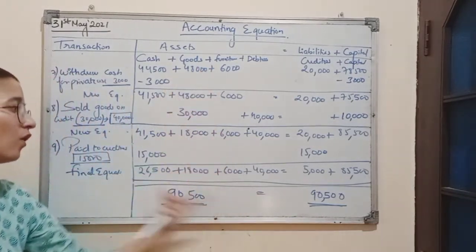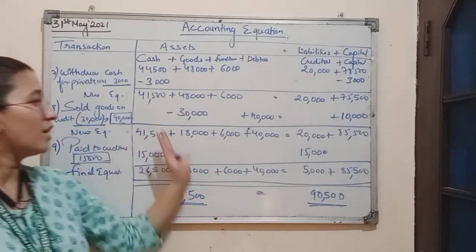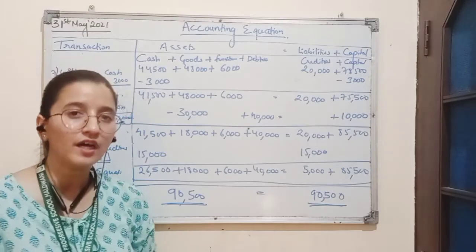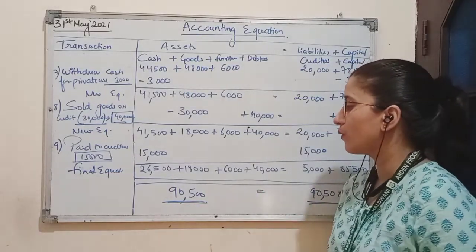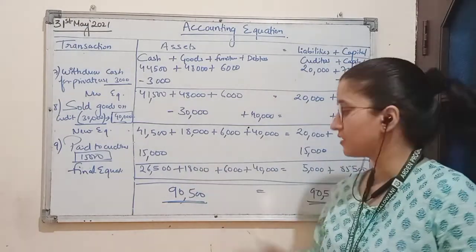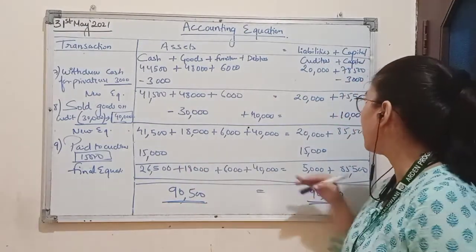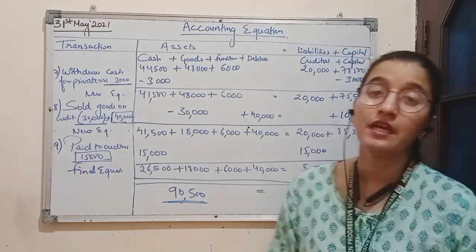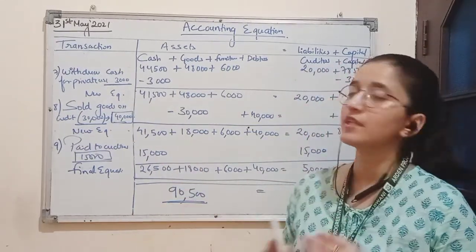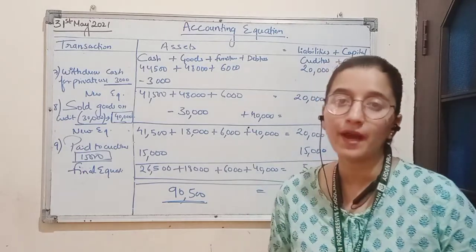That means all the transactions which are shown in this accounting equation are correct. So here by equating the accounting equation, where assets total is 90,500 and liabilities total is 90,500, that means assets are equal to the liabilities. So this shows that the equation is balanced.